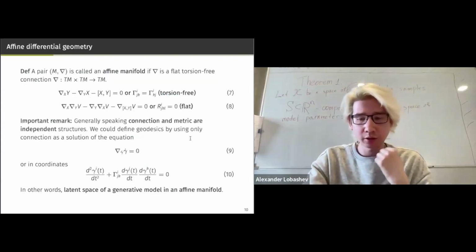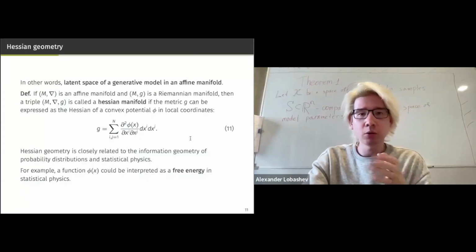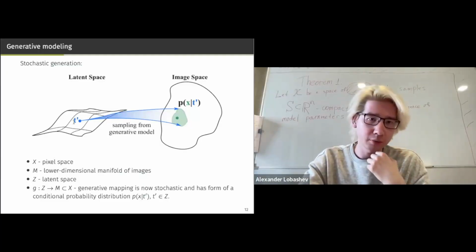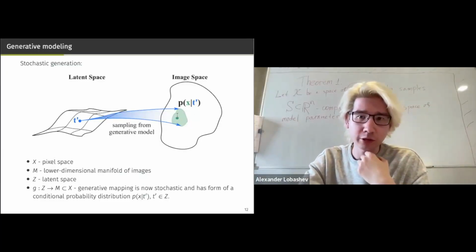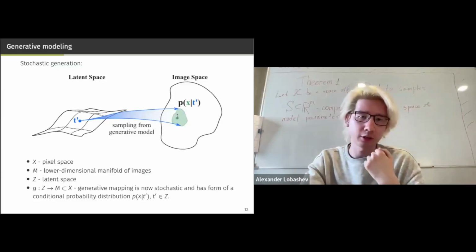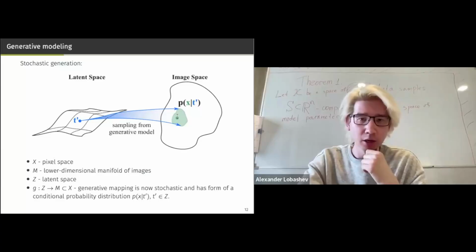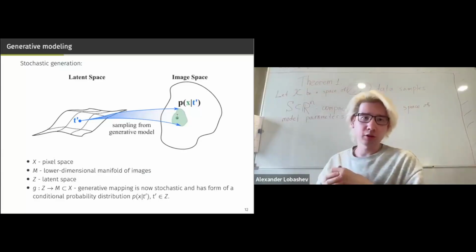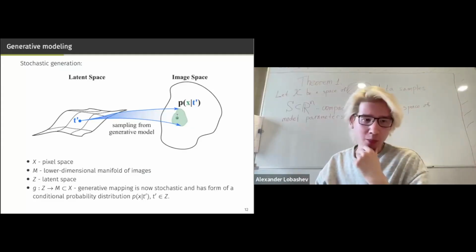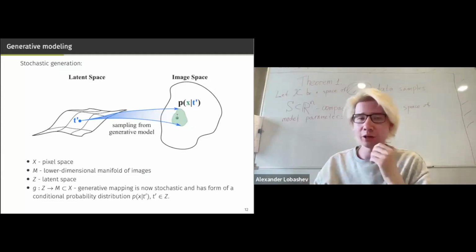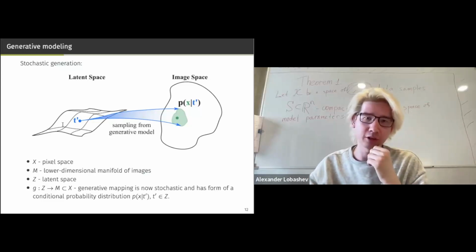So all this was about a deterministic generative model, which takes a point from a latent space and generates a single sample, for example, a single image, like a generator in GANs. But we know that diffusion models have maybe a critical feature: they allow a stochastic sampling regime.